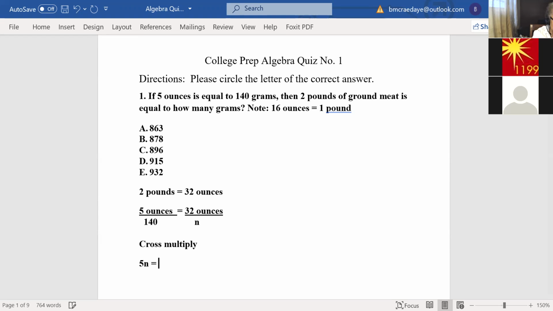What would that be equal to, Chastity? 32 times 140. I get 4480. 30 times 140 is 4200, and 2 times 140 is 280, so 4,480.